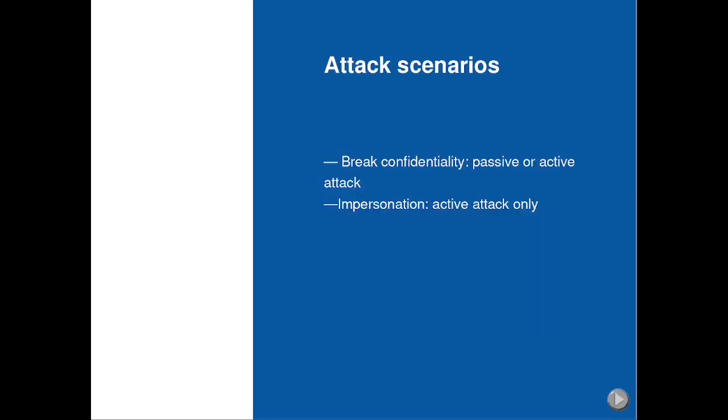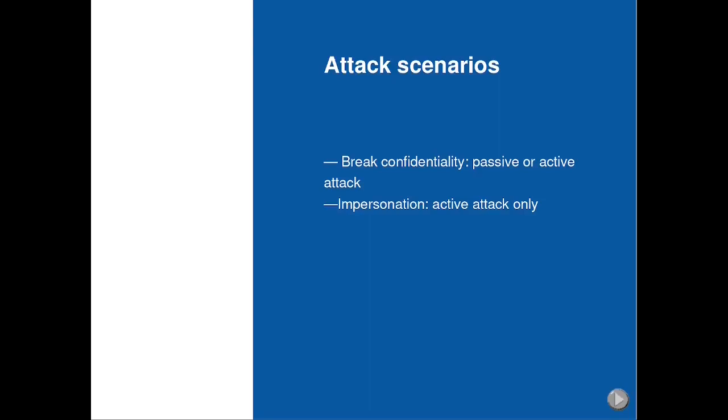The main capabilities of a quantum attacker on TLS are impersonation, which means pretending to be someone different, and breaking confidentiality, which means listening to confidential messages.